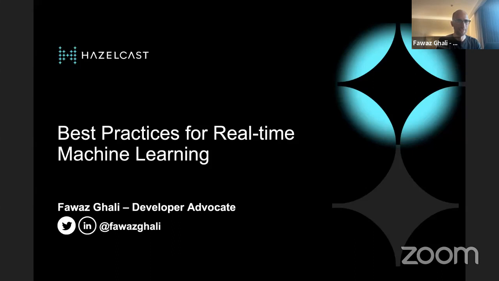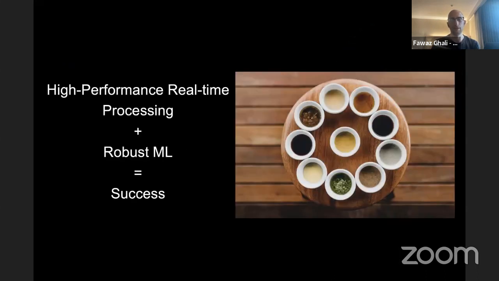Okay, hopefully you can see my screen now. So as I mentioned, what I will be doing today is discussing the best practices for real-time machine learning. Essentially, I would like to talk about the secret sauce for real-time machine learning.